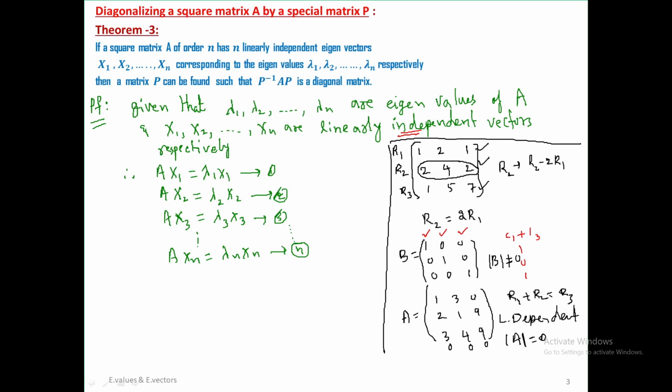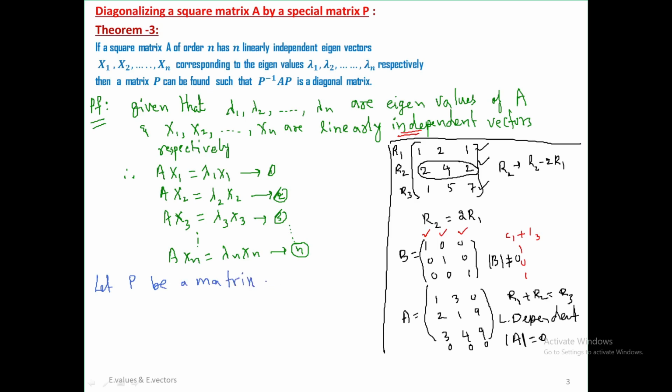Now I'm going to generate an equation. Before that I want to define one matrix. Let P be a matrix. What kind of matrix am I taking?